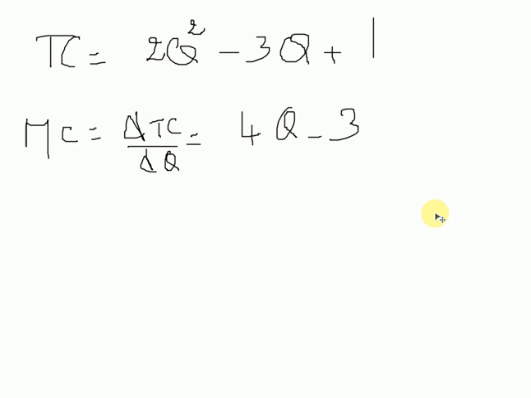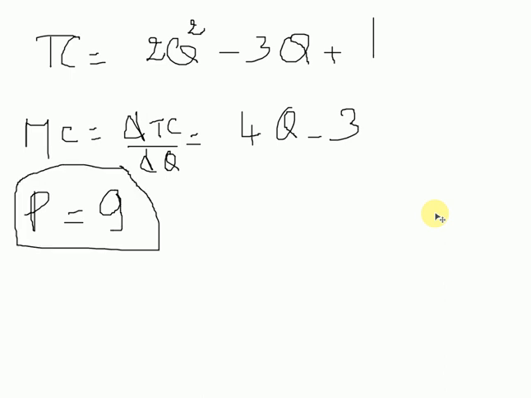Suppose that the market price is equal to 9. And suppose that you have a perfectly competitive firm. So the question is, find the quantity of output that maximizes the firm's profit. We know that the optimal quantity Q star is where the marginal cost is equal to the market price.